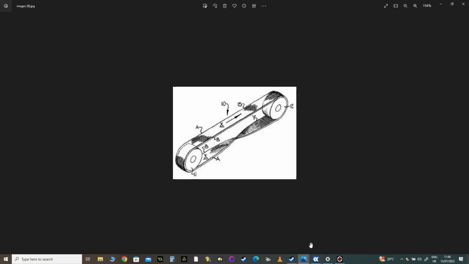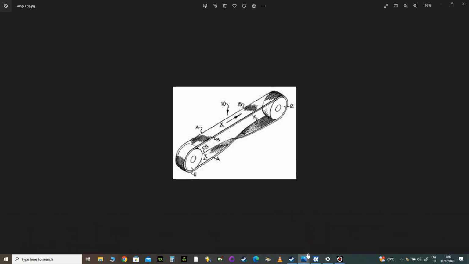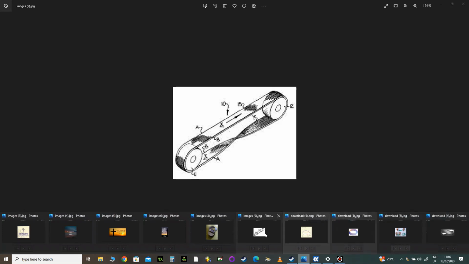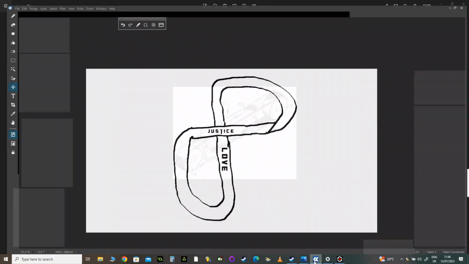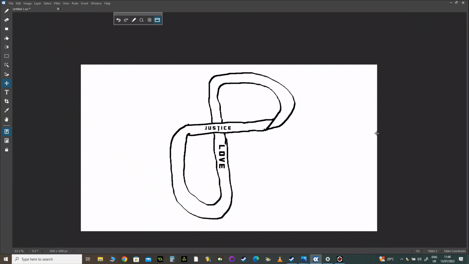So what's this got to do with the cross? Well, I think it illustrates a point of the cross really beautifully. And you see here I've drawn a little diagram of what I mean.